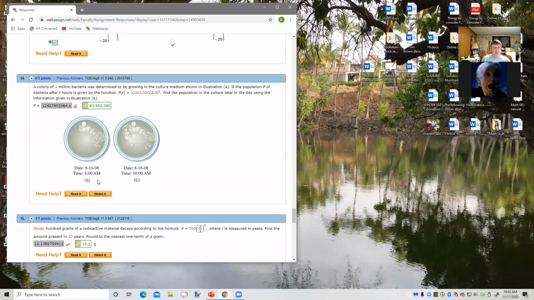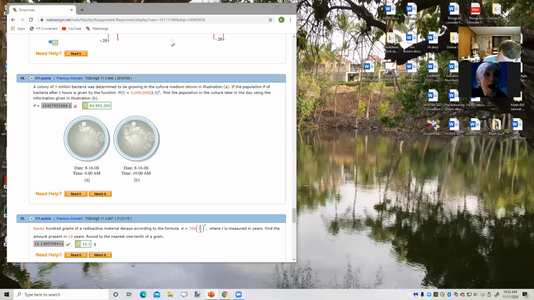So at the start of this problem, the population of bacteria is 3 million. Now, looking down below, we see that at the beginning, it's 6 a.m. Now, if we look at illustration B, it's 10 a.m., which is 4 hours later. And T stands for the number of hours. So what we need to do is find P of 4.